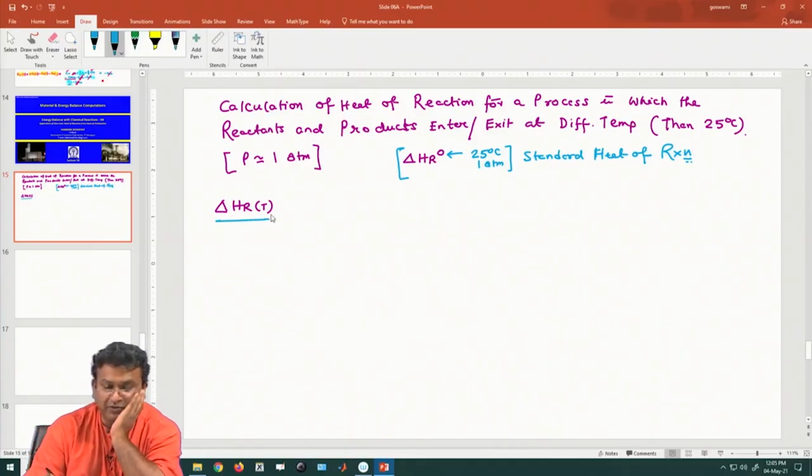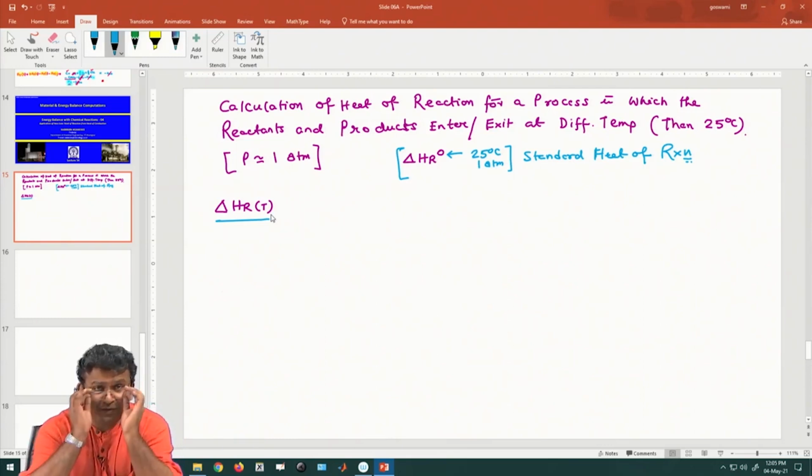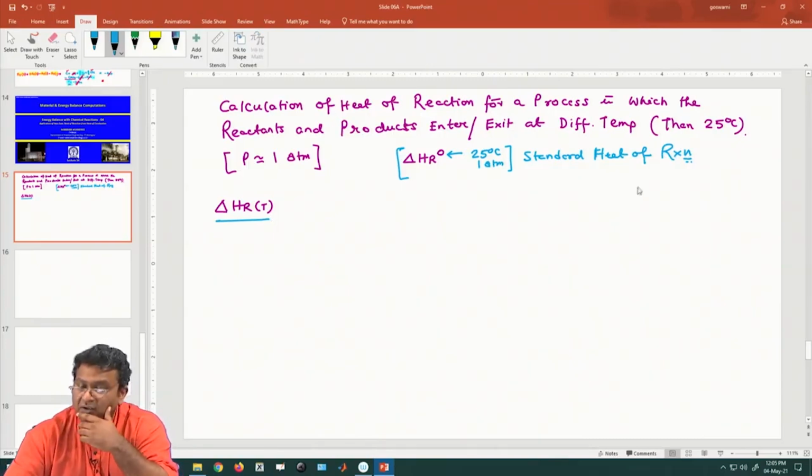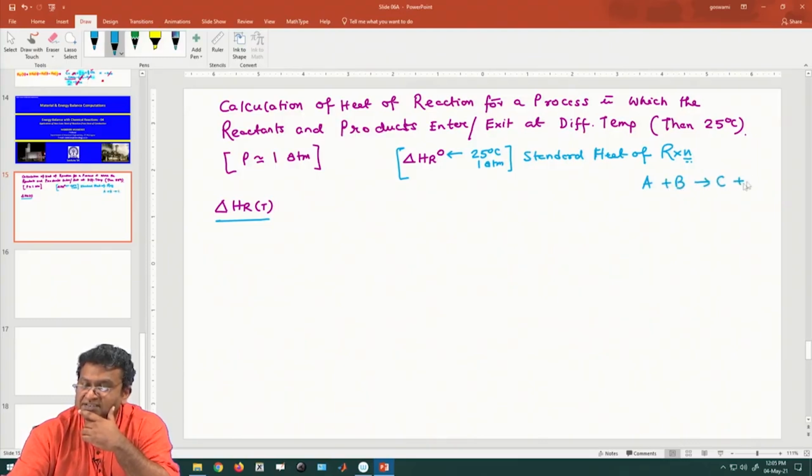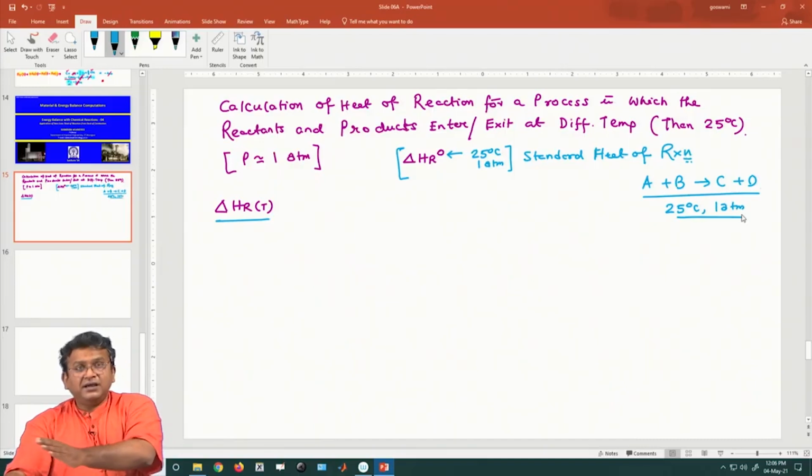So, when you talk about heat of reaction at any temperature, what exactly do you do? Because the problem is as follows. Suppose you have a reaction where A plus B leads to C plus D. Now, if the reaction is taking place at 25 degree centigrade and 1 atmospheric pressure, A, B, C, D can be elements or compounds.